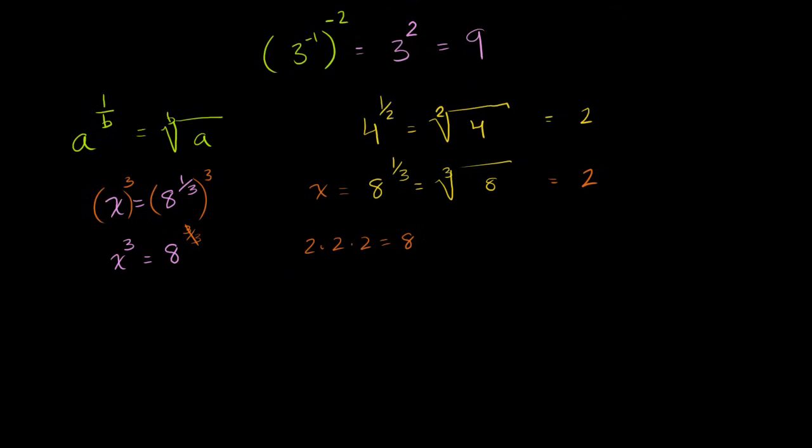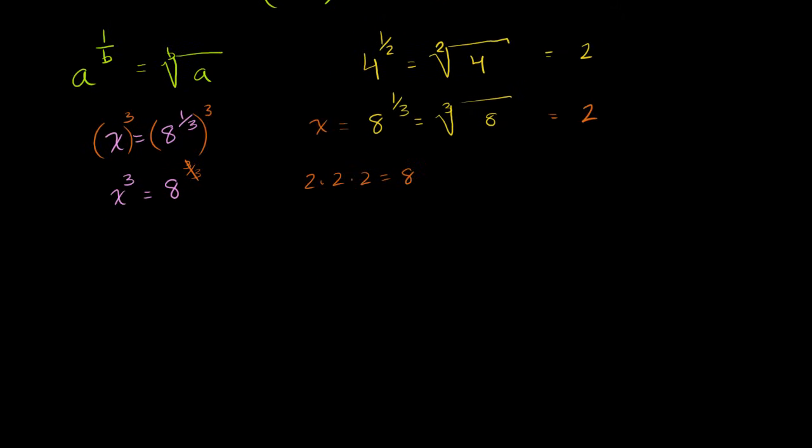Now let's make it a little bit more confusing. What is 27 to the negative 1/3 power? Well, don't get too worried. We're just going to take it step by step. When you take the negative power, this is completely equivalent to 1 over 27 to the 1/3 power.